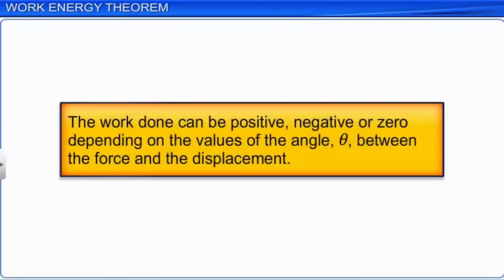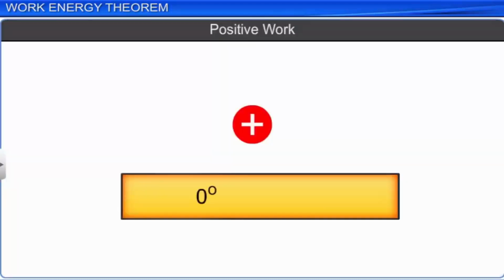However, the work done can be positive, negative, or zero depending on the values of the angle between the force and the displacement theta. The work done by a force is positive when the angle between force and displacement is acute, that is, the angle is less than 90 degrees.